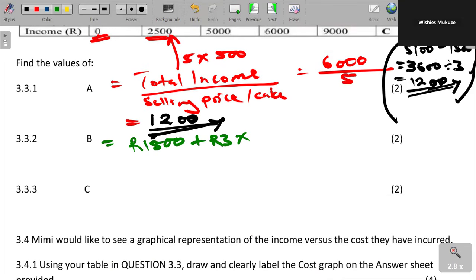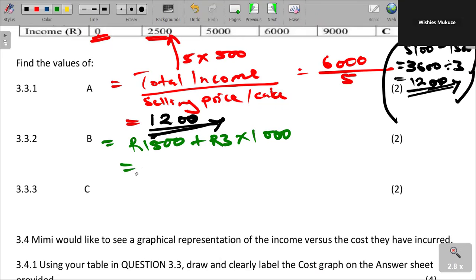Multiplied by 1,000, what do we get there?